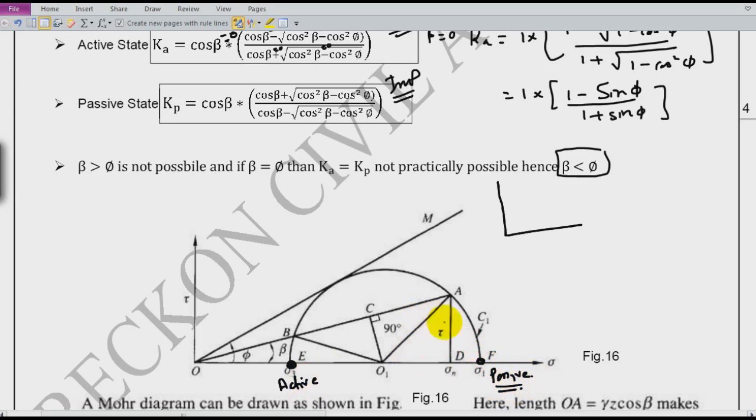But now, since the angle beta is changed, for the active state the pole will shift here. This will be my pole, at an angle of beta. So the pole will change at an angle of beta.